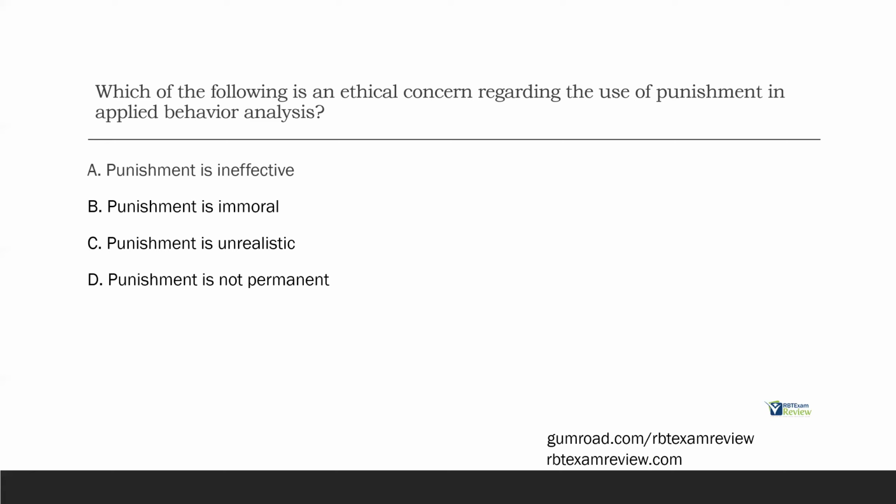B, punishment is immoral. Some punishment might be immoral, right? But response cost, where you're just removing a token, I wouldn't consider that immoral. So B is out. C, punishment is unrealistic. Again, it's all about how you design it. Punishment doesn't have to be unrealistic. It just depends on how you're designing it and implementing it. So that leaves us with D.